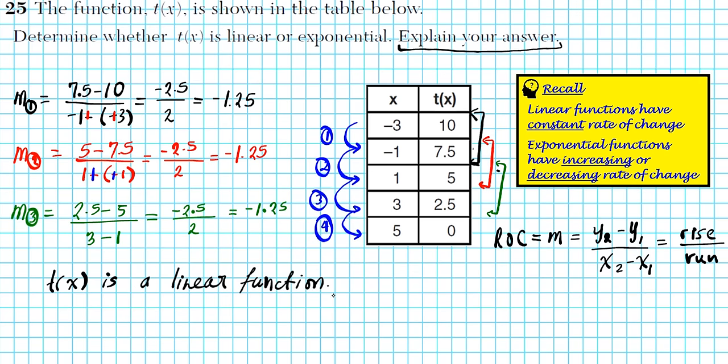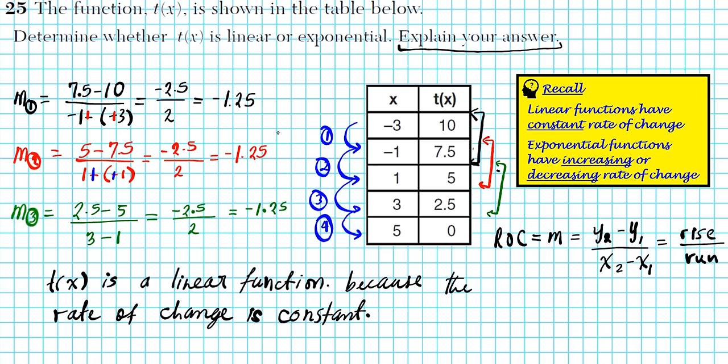T of x is a linear function because the rate of change is constant. So you always have to add the justification anytime that you are asked for it in order to get full credit.